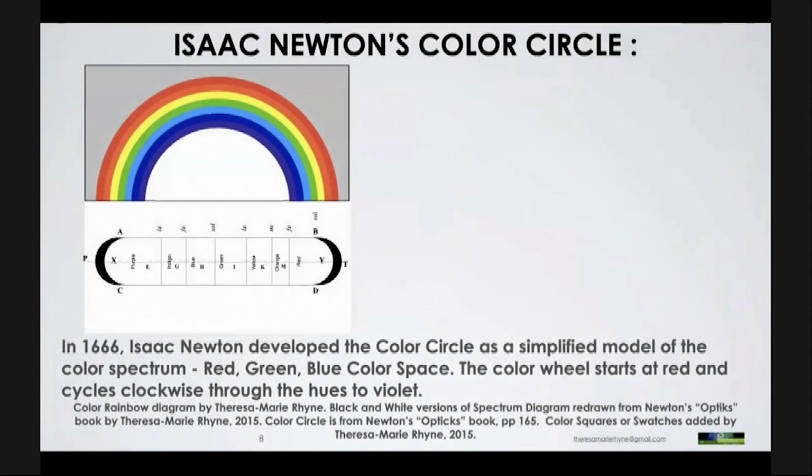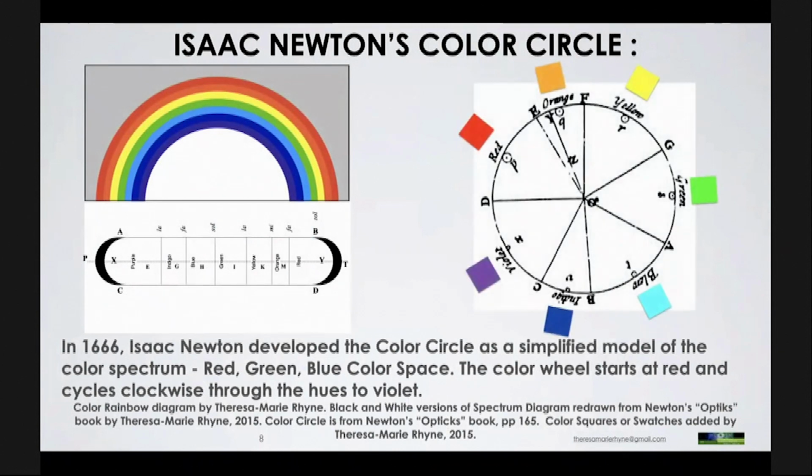So Isaac Newton is the guy that started all this color circle and color wheel business. He did prism experiments where he's looking at the rainbow, and then he decided, hey, I'm going to take the colors from the rainbow, put them all together in a circle, and he defined the first color circle. Now you're going to see there's a little space between violet and red.